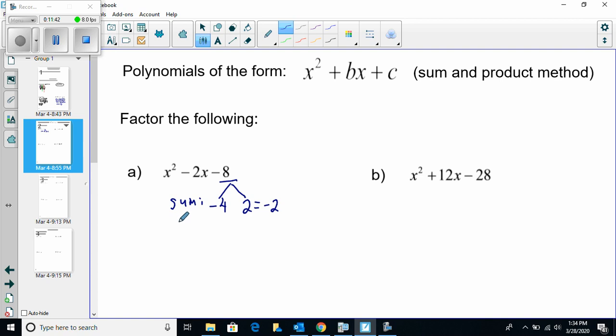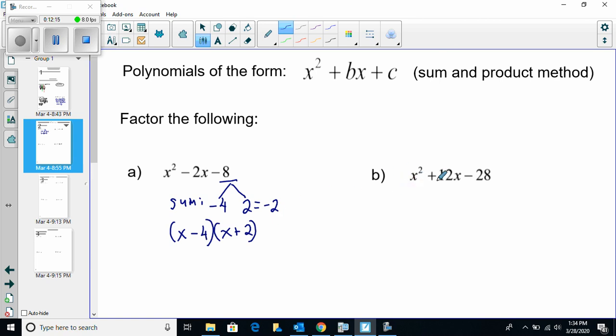And then when we write this quadratic function in factored form, we take those terms, negative 4 and 2, and write them as two monomials. So in this case it will be x minus 4, brackets, x plus 2, sorry. So you just take those two terms and replace them into those two values.